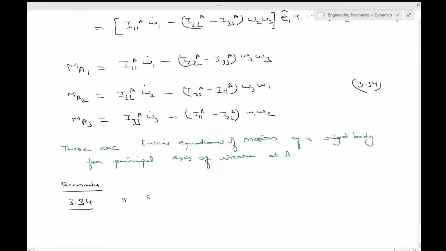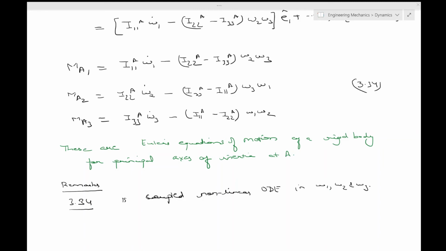is a coupled non-linear ODE in omega 1, omega 2 and omega 3. So if omega has somewhat of a fixed direction, then it's easy, otherwise it's slightly harder to go about.